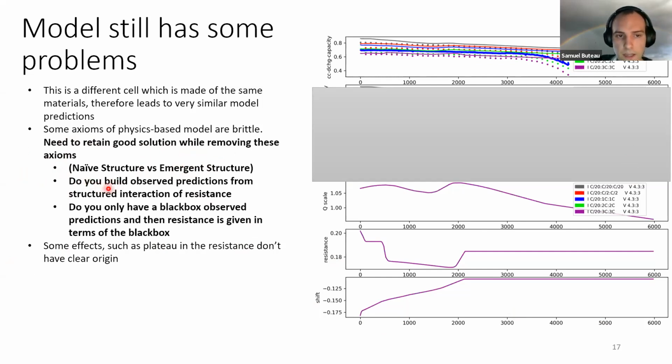And basically, instead of building the prediction of the observed quantity by composing little pieces that are inspired by physics and connecting them with equations, we just have a single black box which predicts the observations, and then we recover the intuitive intermediate quantities as a function of the black box.